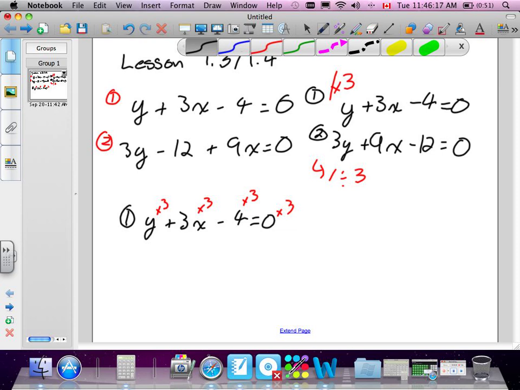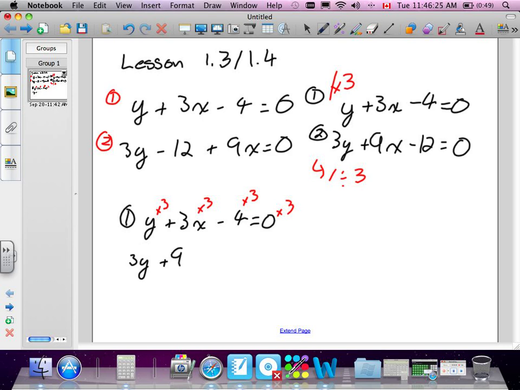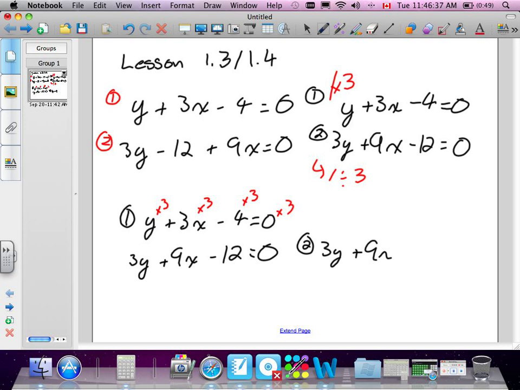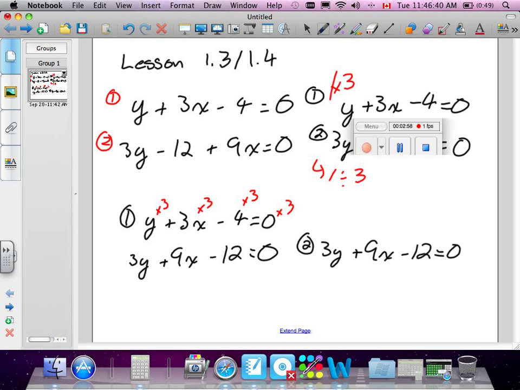So 3 times y is? 3x times 3 is? Positive or negative? Negative 4 times 3 is? And 0 times 3? Boom. And if we look, that is exactly what equation 2 is. So we have an equivalent linear system.